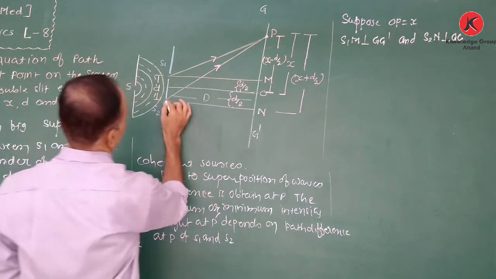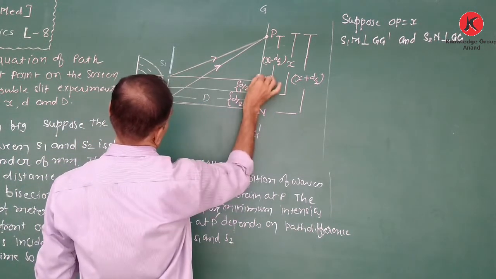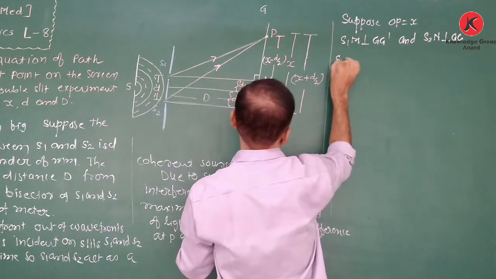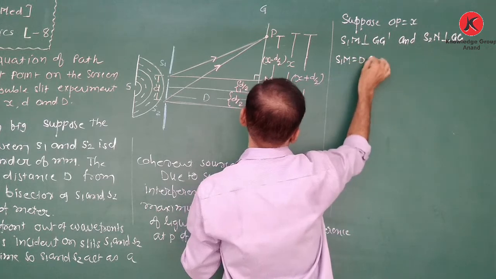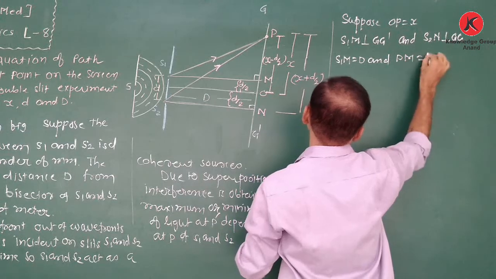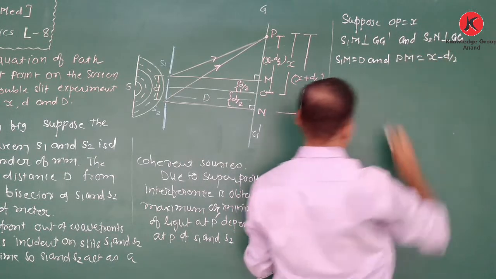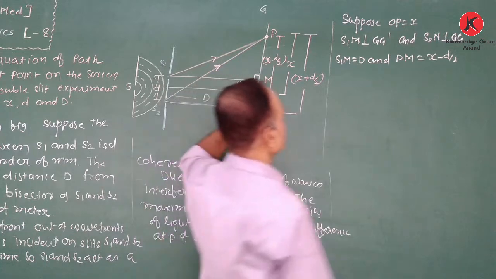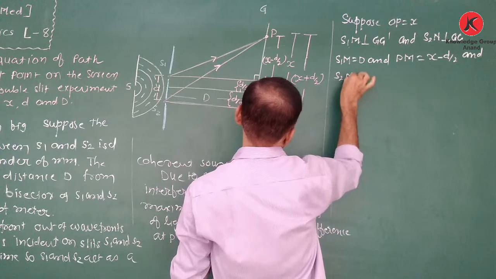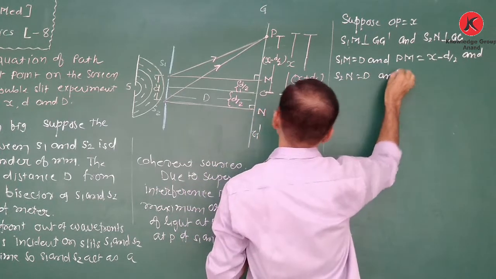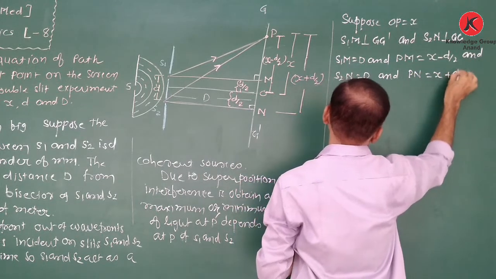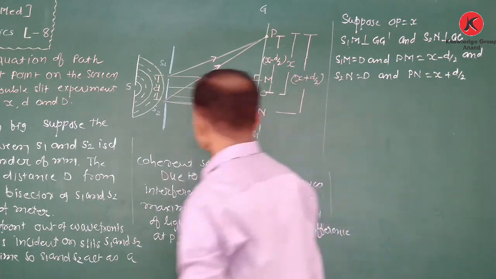Now, S1M is equal to D and PM is equal to X minus D by 2. And S2N is equal to D and PN is equal to X plus D by 2.